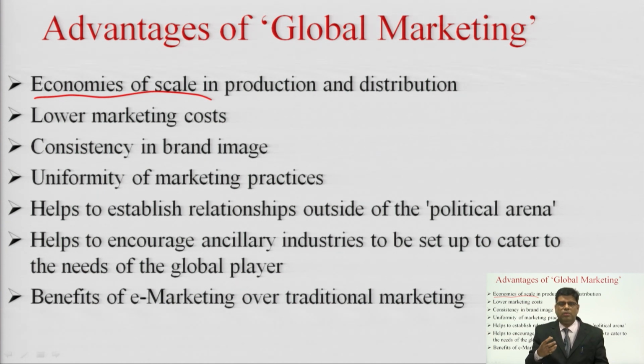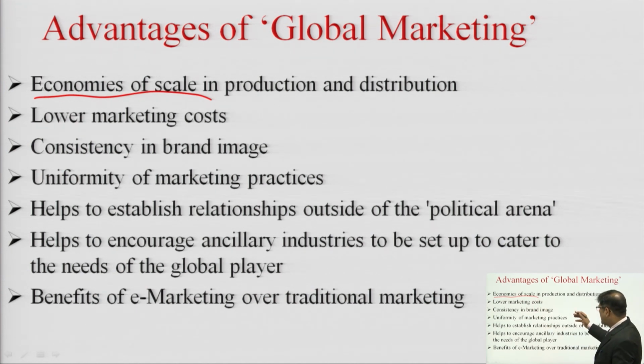Automatically the production volume would increase, and when the production volume increases, the costs would go down. We know that whenever the company produces products on a mass scale, the fixed costs as well as the overall costs go down. So, when the costs go down due to mass production, we say that economies of scale have been achieved.